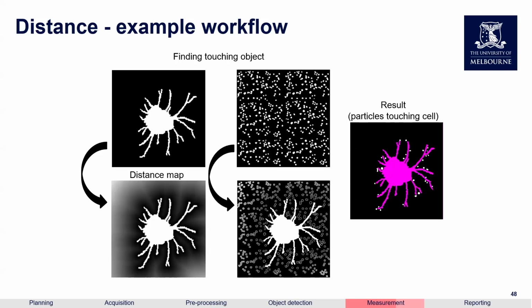Then for each detected synapse particle, we can measure the minimum distance map intensity. So if we measure the intensity of the distance map, a minimum of 0 means the particle is actually touching the cell border. And then we can filter the particles to keep only those with a minimum intensity of 0. So these are the touching objects, pretty much.